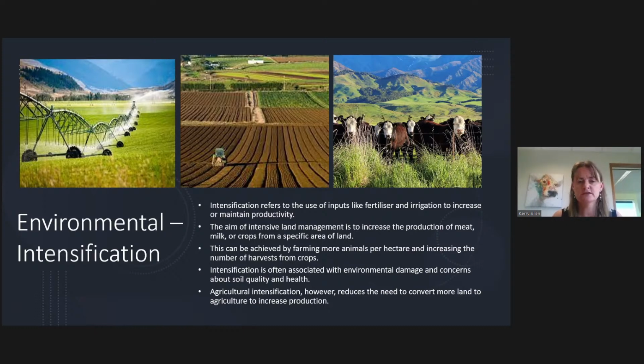Now, 50 years ago, the Canterbury Plains were not used for anything other really than sheep and beef production. And the reason for that is because it lacks water. So the soils are very stony and they drain very quickly. However, they are good soils because they've been washed down from the high country and they're good alluvial soils.